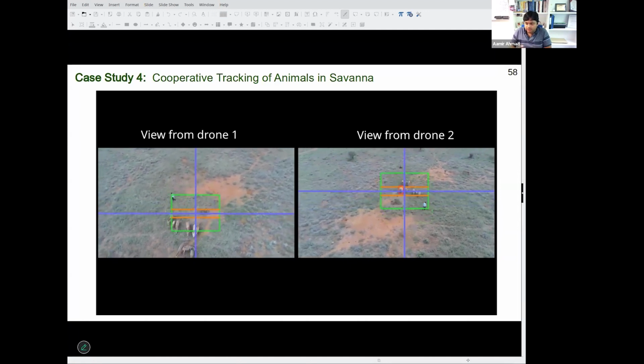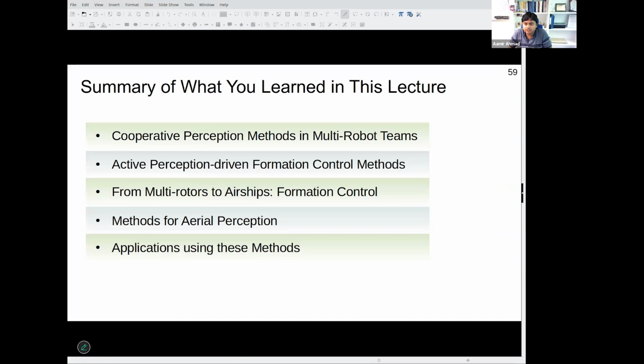Okay, this kind of brings me close to the end of the lecture, and I want to keep the summary very brief. It was quite a long, almost 75 minutes. I hope most of the things you will remember. But yeah, just to summarize, what we went through was cooperative perception methods in multi-robot teams.